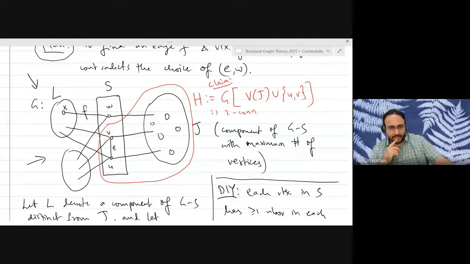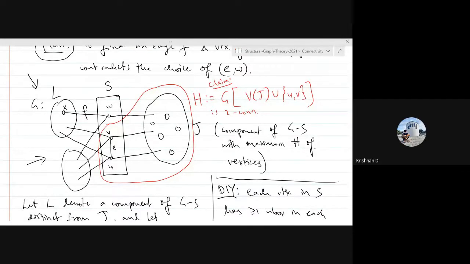So we are looking at the case where Y is not in H. Can somebody complete the proof? What happens if Y is not in H? Yeah, Krishnan, go ahead.